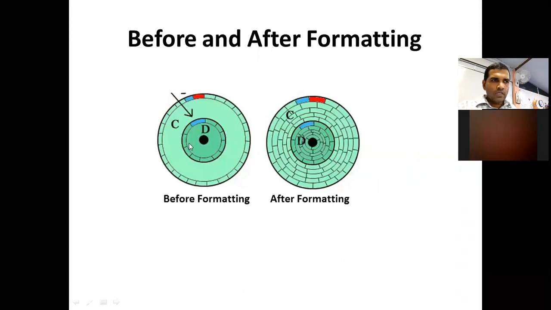Once it is formatted, your hard disk or platter looks like this. Small regions are created, and the data can be saved inside each cell. So understand this fact.